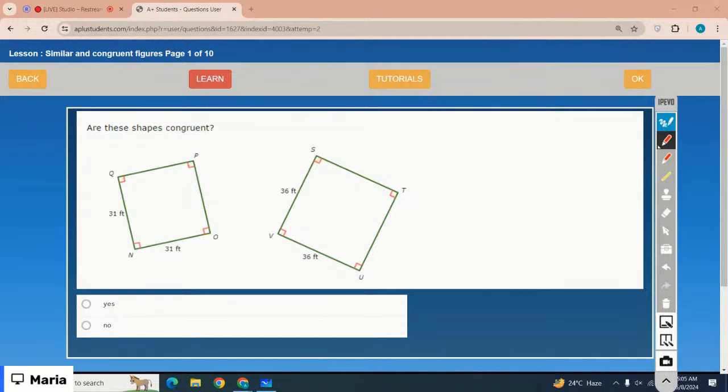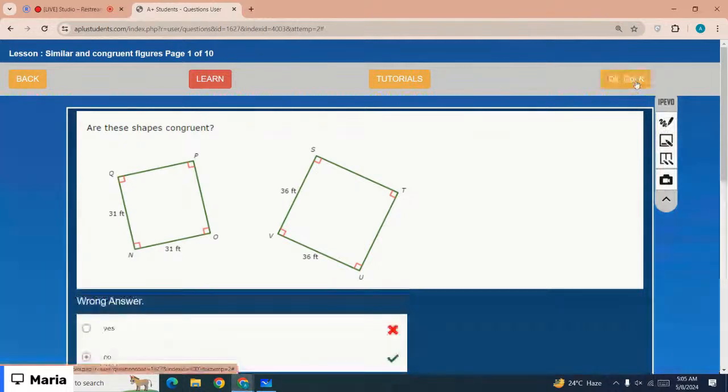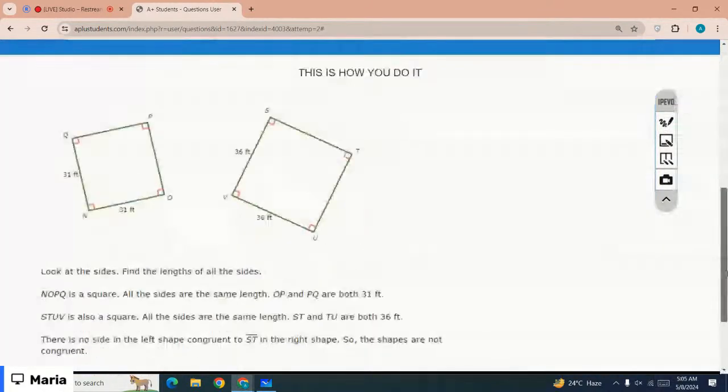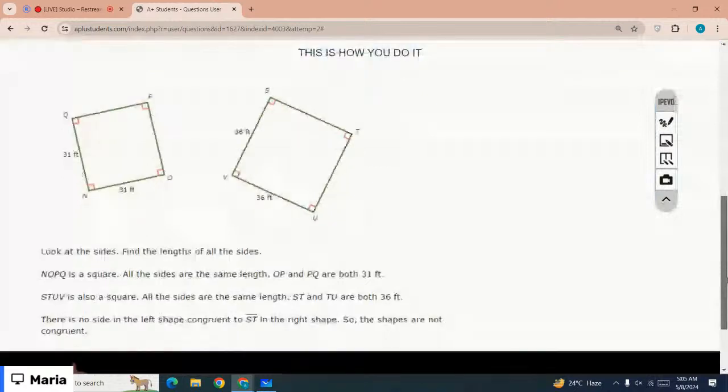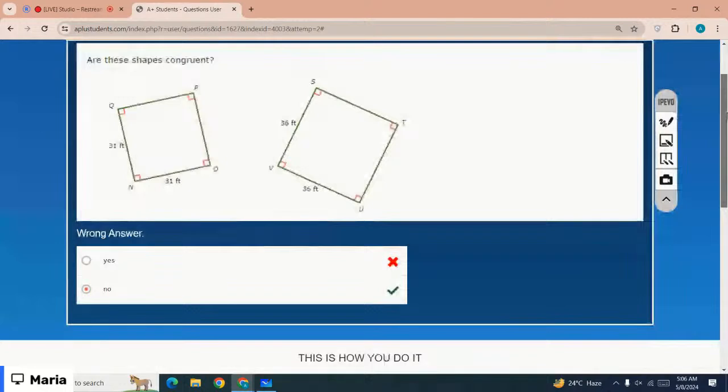So yes, they are congruent. The correct option is yes. Why are they similar? ST. Okay, so the correct option is no, they are not congruent.